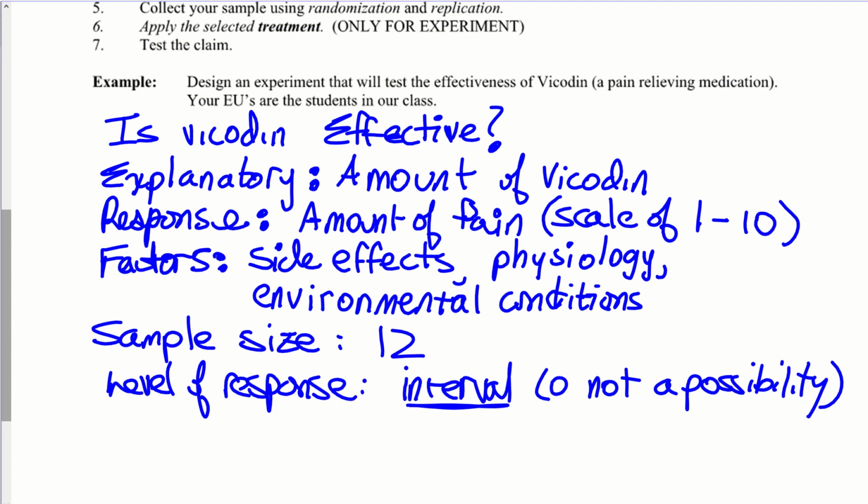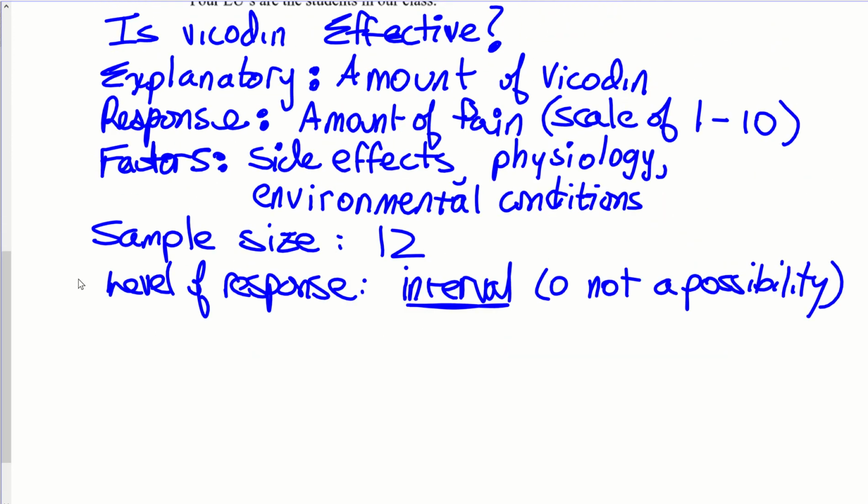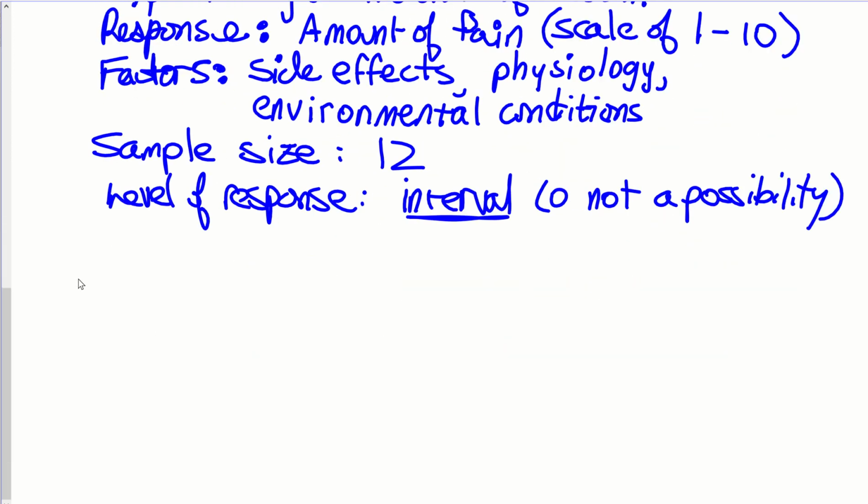Now, collect your sample using randomization and replication. Just to make it easier and also to protect your privacy, because this is going up on the internet, I'll just use numbers and break those numbers up into a control and experimental group.